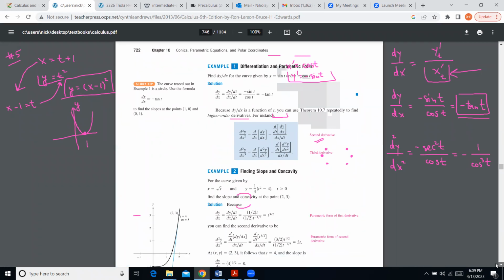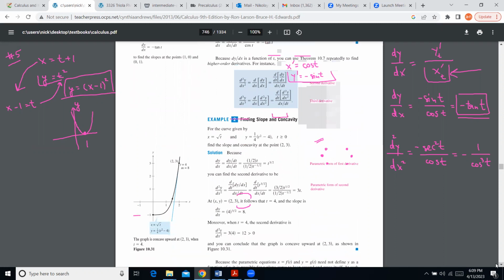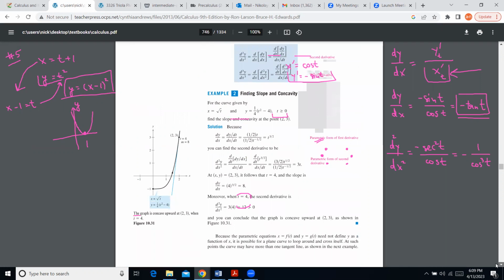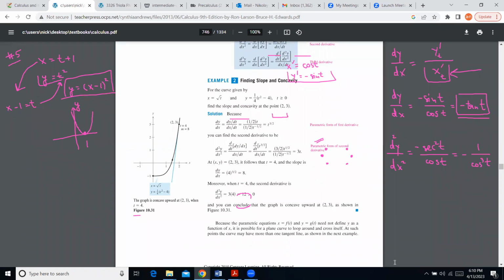So first and second derivatives that we find, and of course the key idea is why we are doing it, and it's shown in examples, like example 2 here is nice, deals with a parabola. So it looks like the point of concern is the vertex, right? The one on the bottom when derivative is equal to 0. And you can see when you find the derivative of this function, which is t to the power of 3 over 2, if you set it equal to 0, you see that happens when the value of your parameter t is 0.